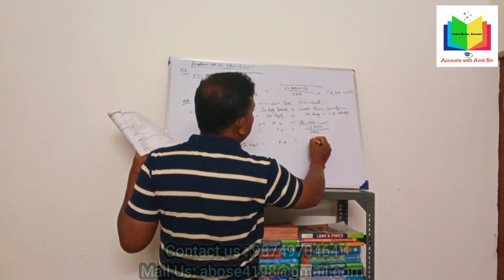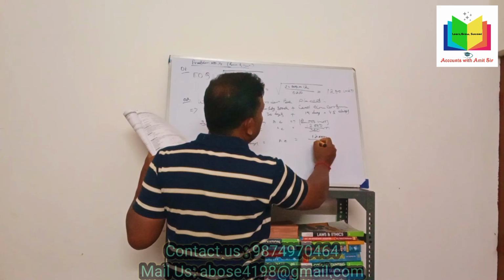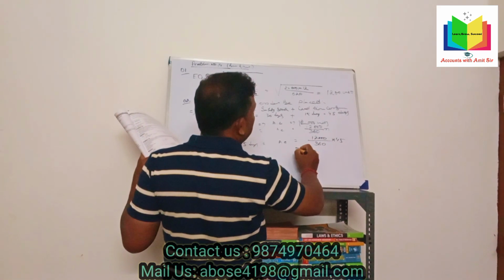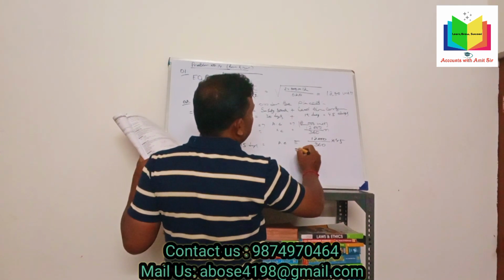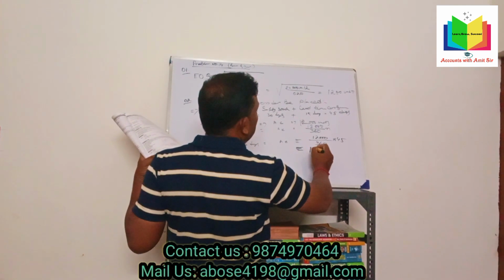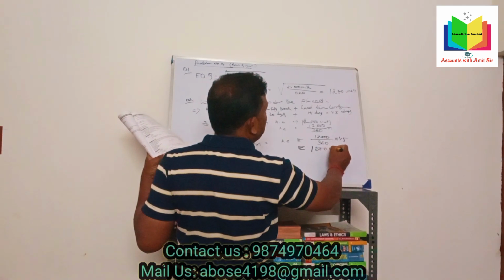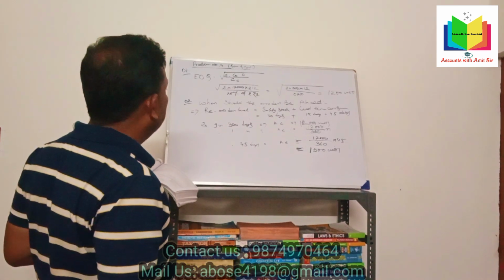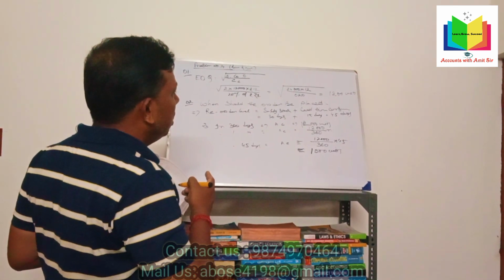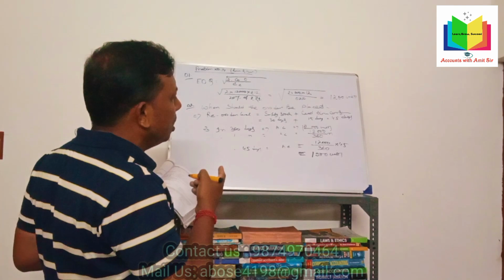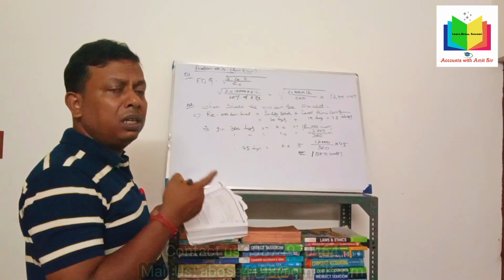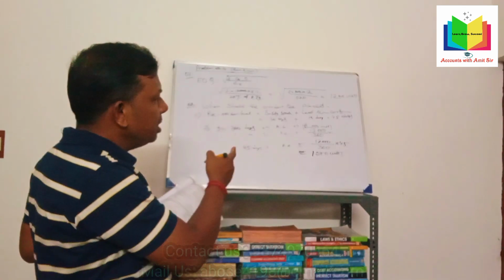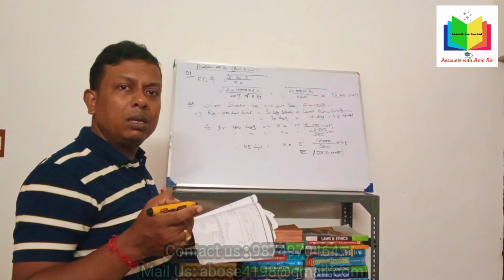So it is 12,000 divided by 360 into 45. After calculating, the answer is 1500 units. Hence the order should be placed when the stock level reaches 1500 units.